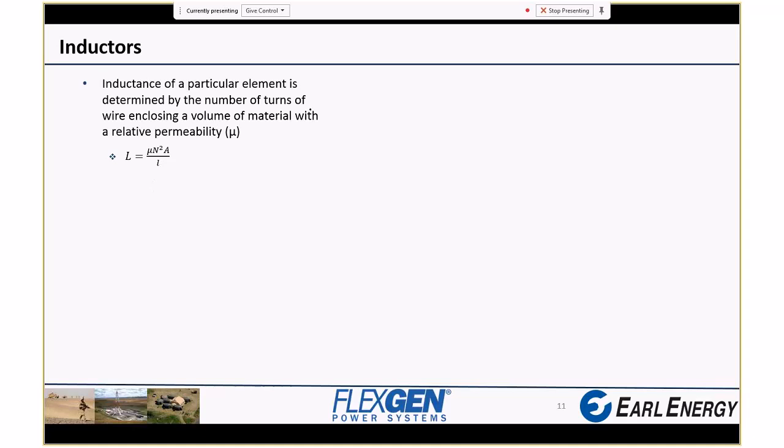So for the inductors, we are assuming, like I showed before, this coil. It has a length l, that is the small l in the denominator.